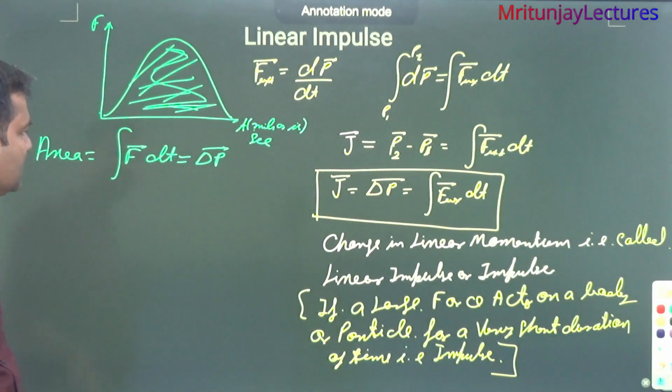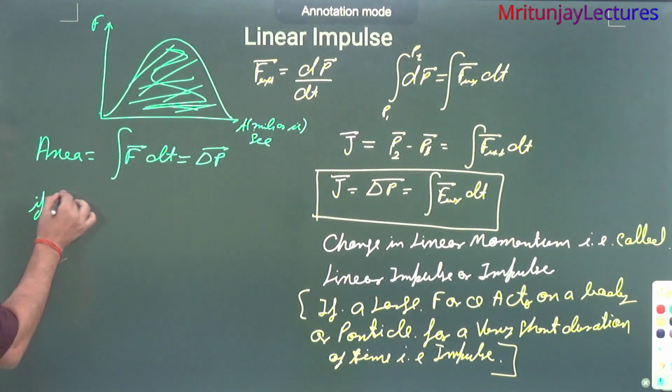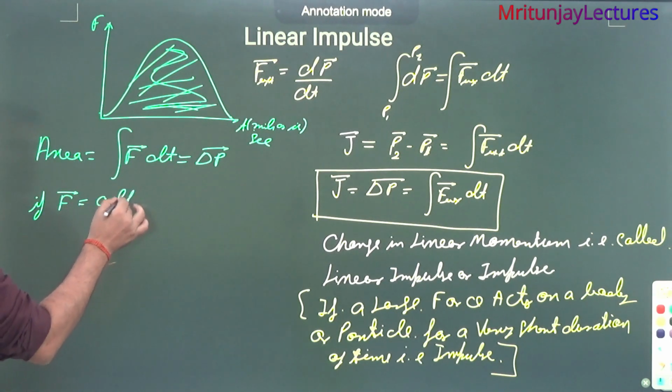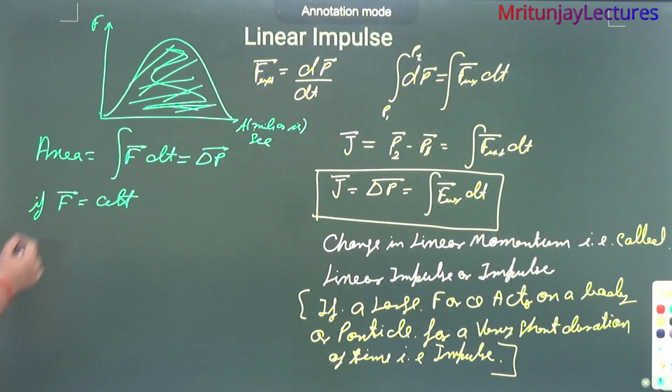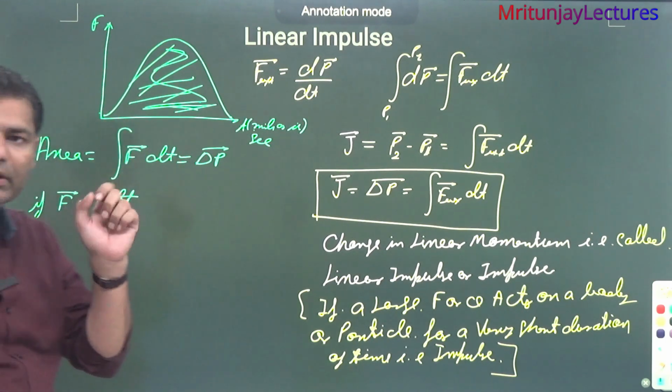Now the next target. If F is variable, then we get delta P using this integral formula.